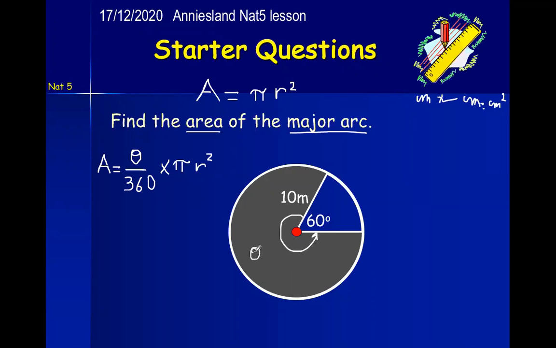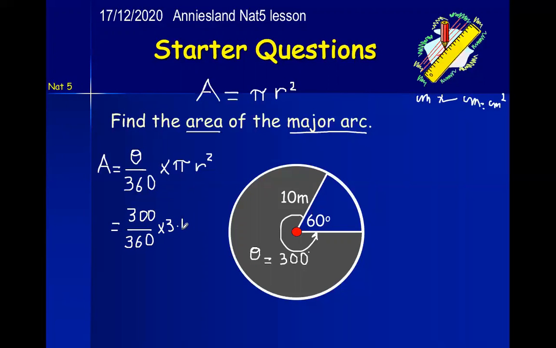So I know a full circle is 360. Because I've already got 60 here, what's left? 300, right? And now I'm going to do 300 divided by 360, which probably everyone did, times 3.14.